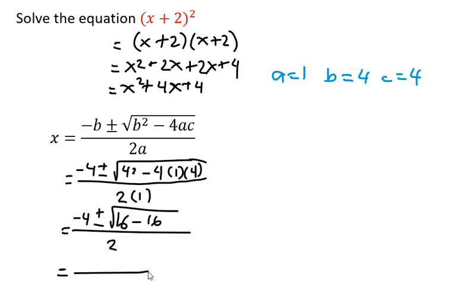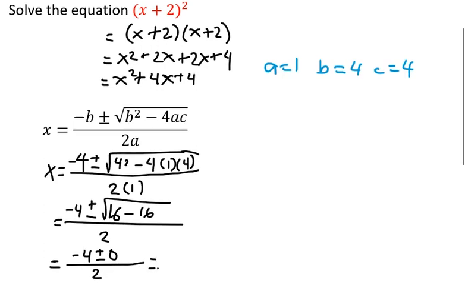Okay, so meron tayong negative 4 plus minus, and 16 minus 16 is 0. At ang square root ng 0 ay, of course, 0 yan. Over 2. So yan ay negative 4 over 2. And negative 4 divided by 2, yan ay negative 2. So x is equal to negative 2.